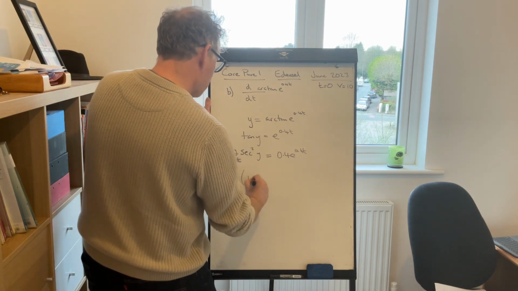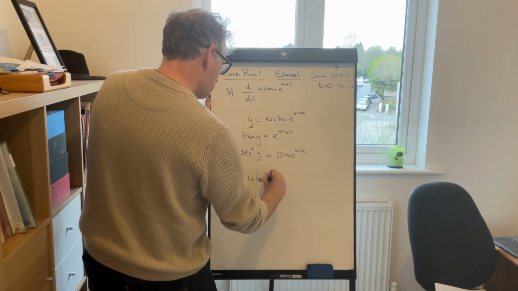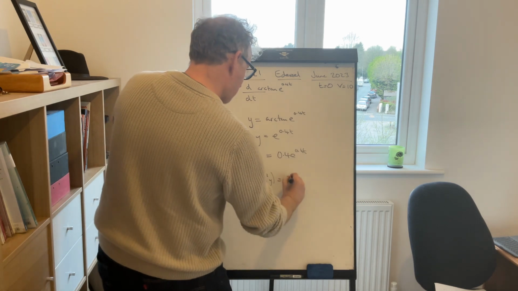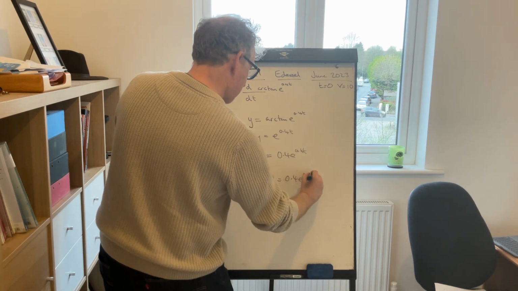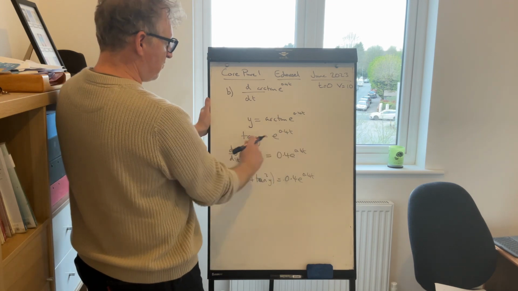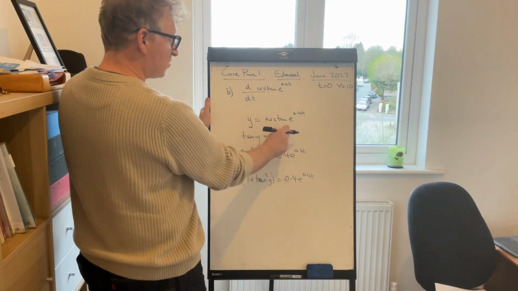Sec squared is 1 plus tan squared, equals 0.4 e to 0.4t. And tan y is e to 0.4t, so tan squared is that squared.